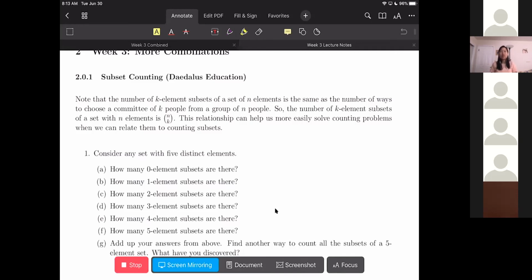So once we see that, we can use this relationship to help us solve counting problems that relate to counting subsets. Does everyone understand that?